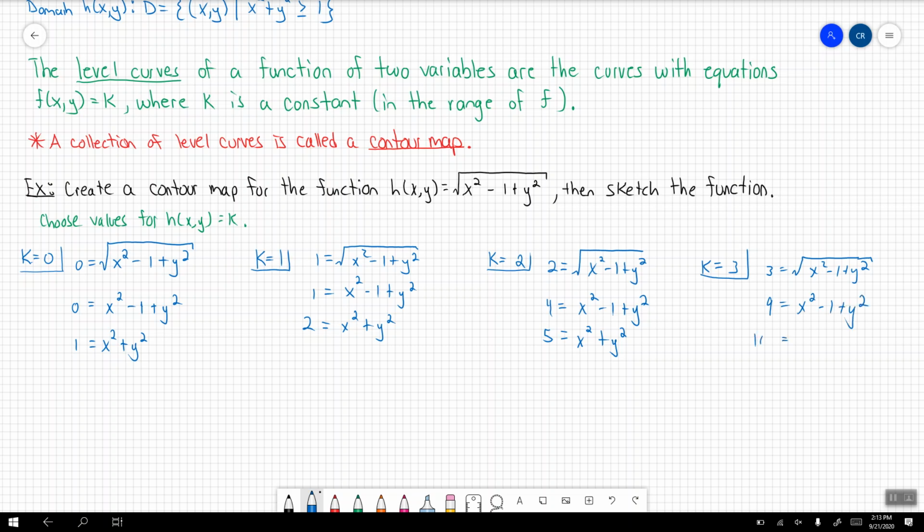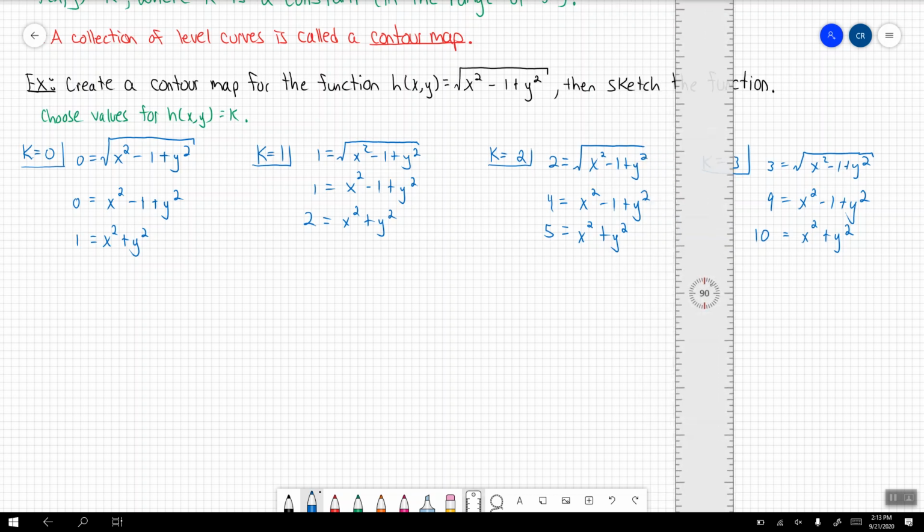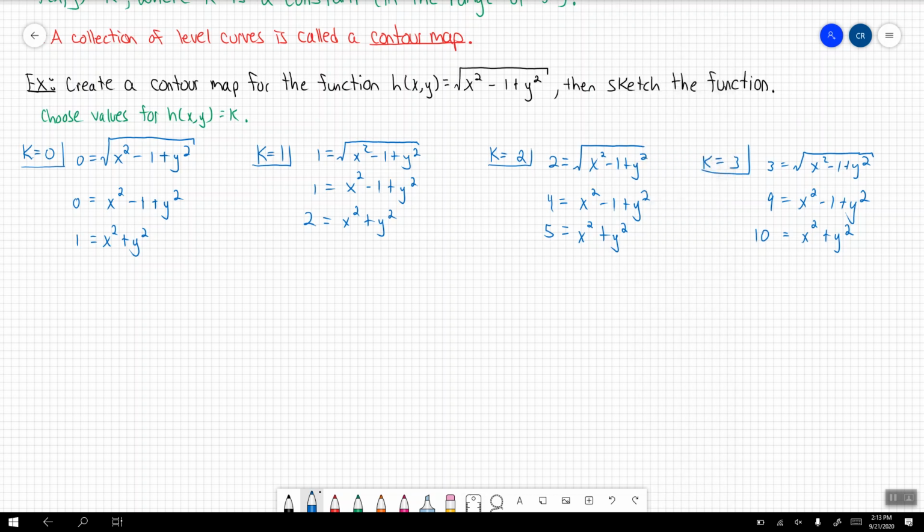And then finally we get that 10 is equal to x squared plus y squared. And so in order to create this contour map, we just need these level curves to be graphed. And that's what we want to work on here, is graphing those level curves.